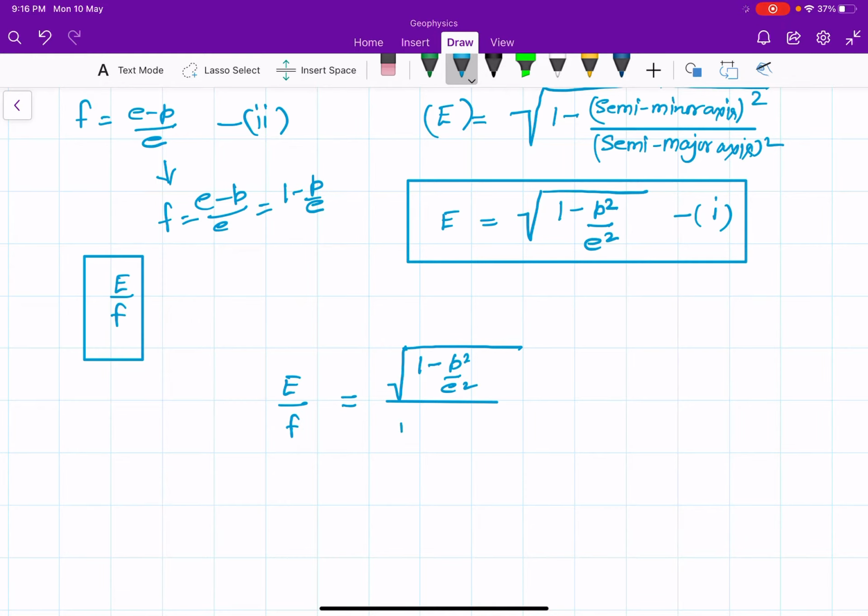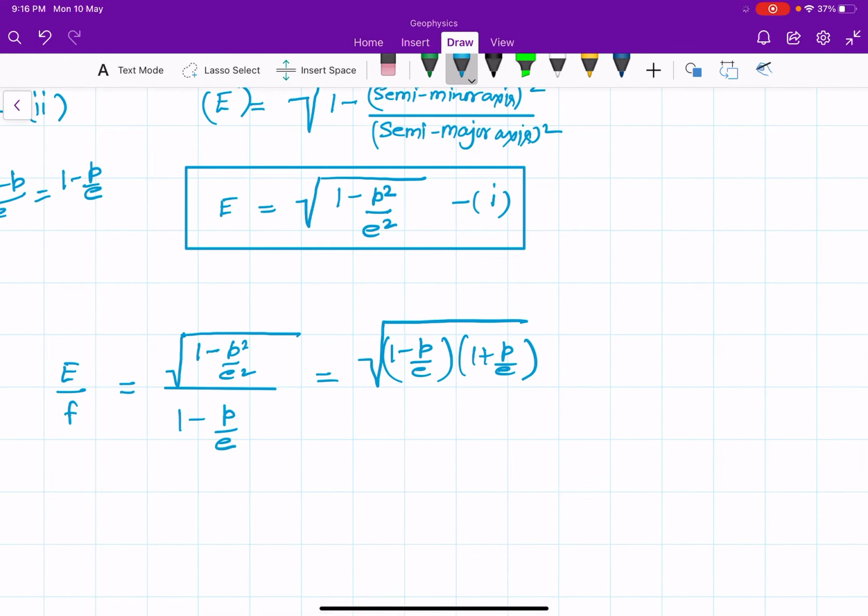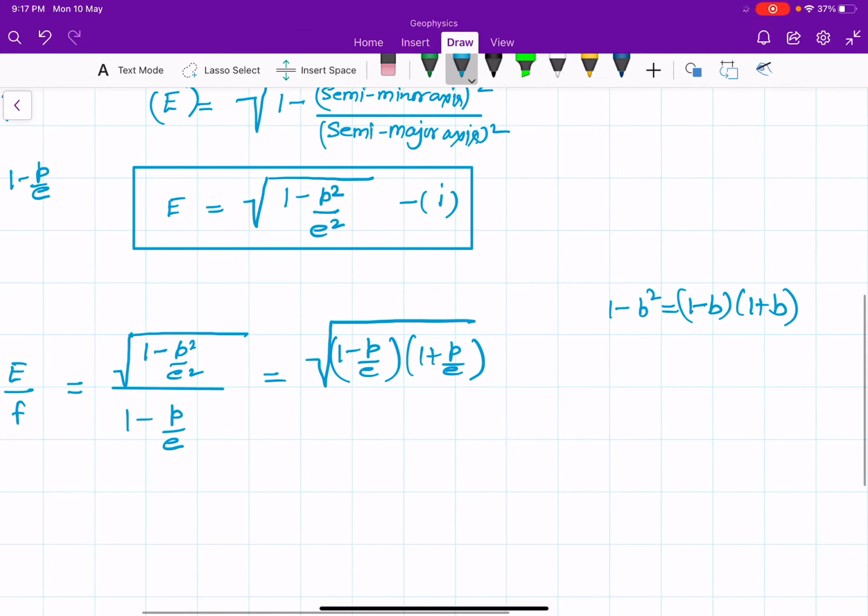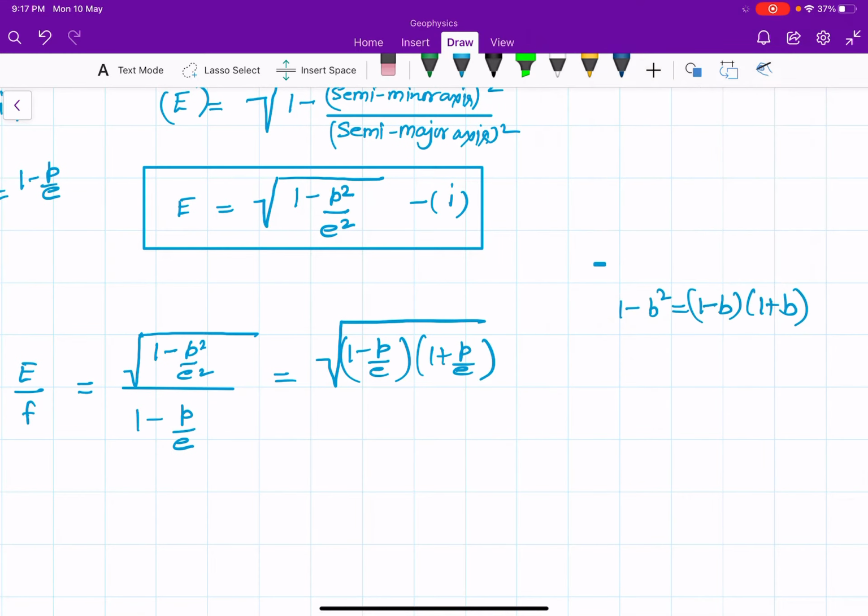If we write like this, 1 minus P upon E, that will become the square root of 1 minus P upon E into 1 plus P upon E. What I did here is just 1 minus b squared equals 1 minus b into 1 plus b. This is the formula I used here.